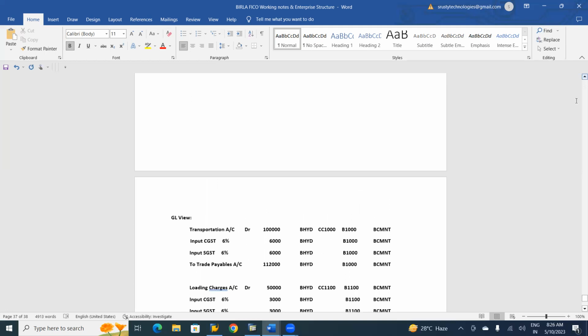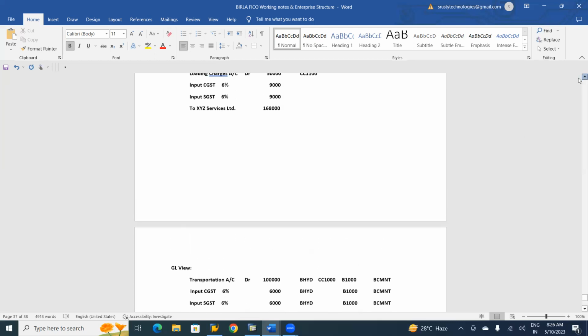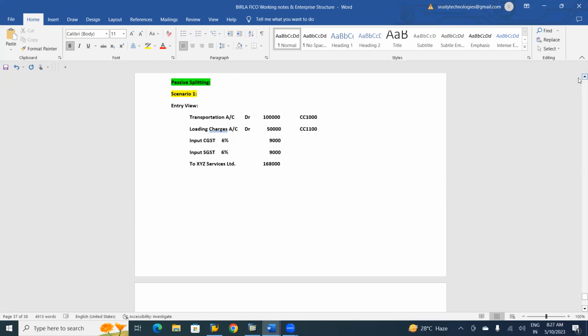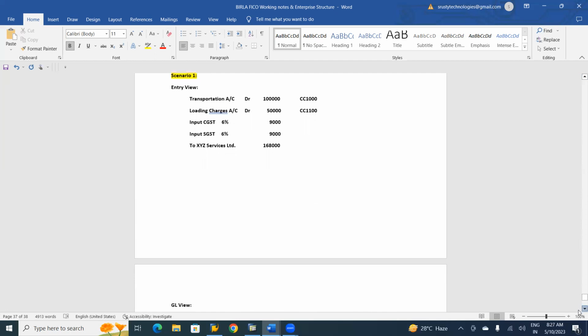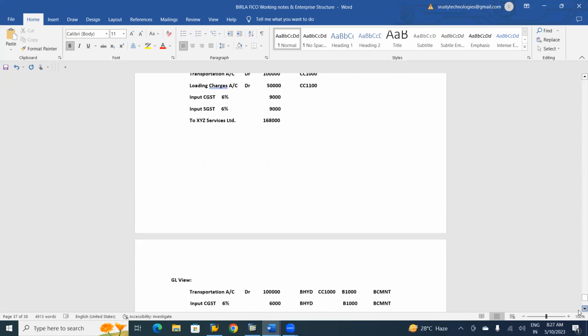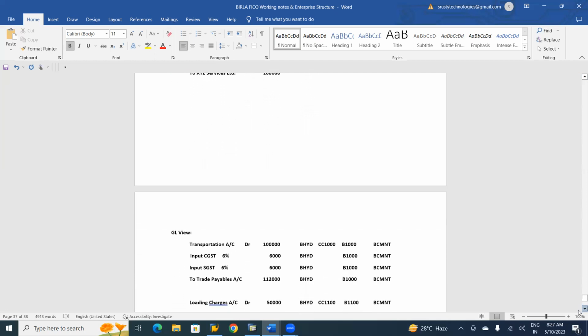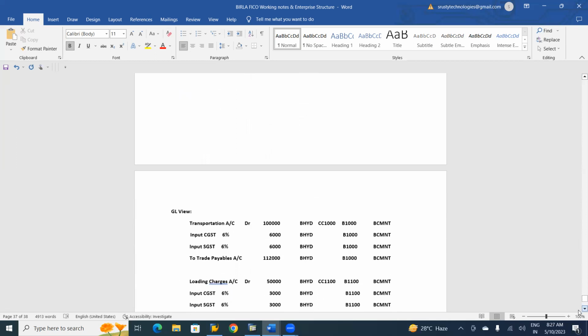Because see here it is 1,000, 1,100. It's not a debit and a credit, it's on the same line, both are debit lines only. If debit and credit are not equal, then only the zero balance splitting will get triggered. Clear?